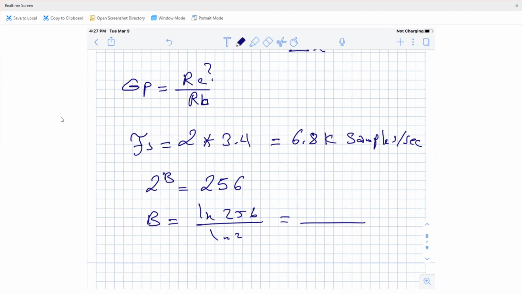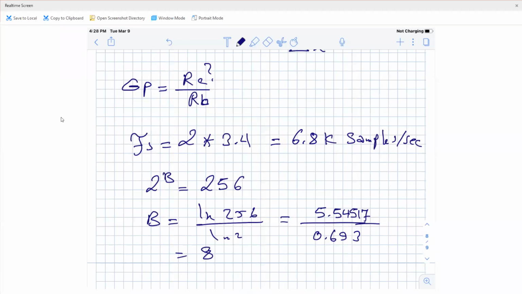It is 5.54517 divided by 0.693. So b will be 8.